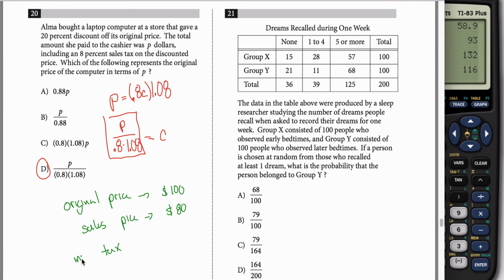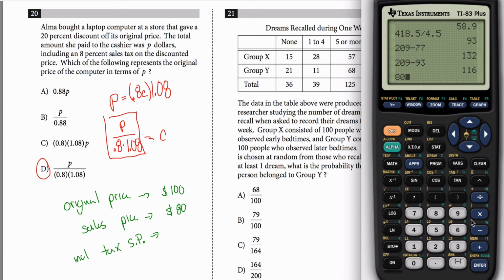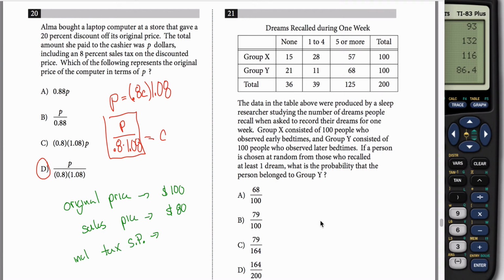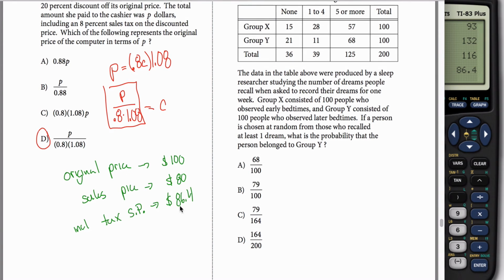Including tax sales price, well, I'd have to take that 80 and multiply it by 1.08. And that gives me $86.40. Okay, so this is the amount she paid.